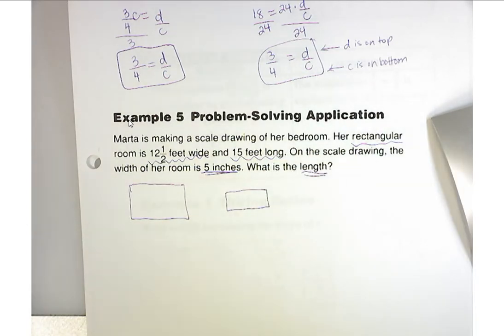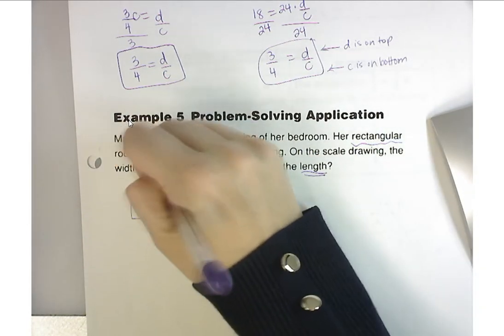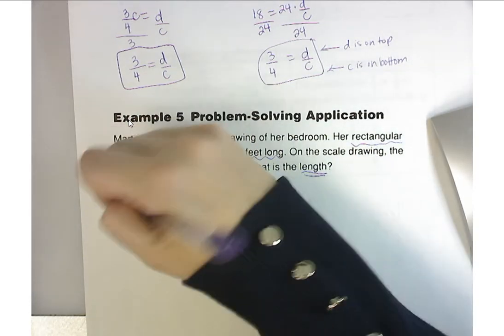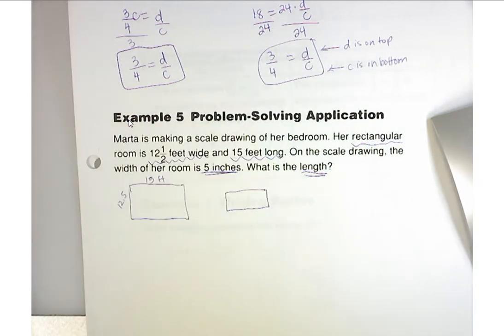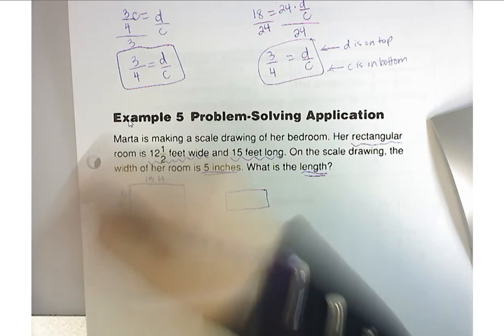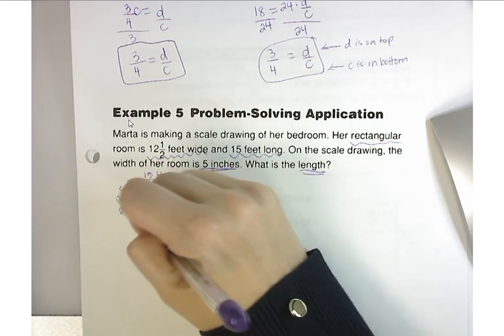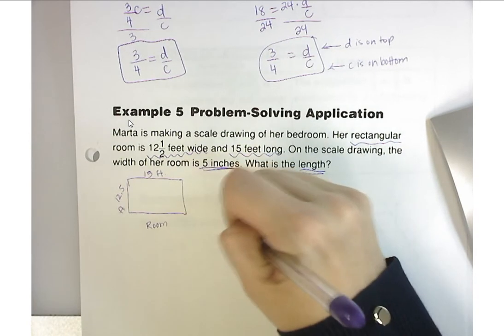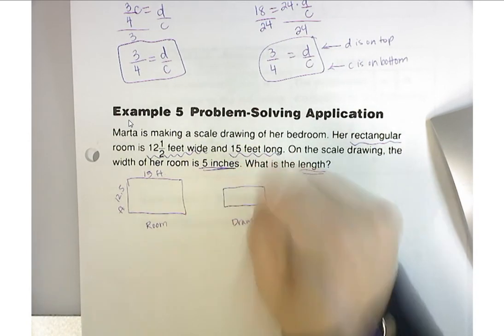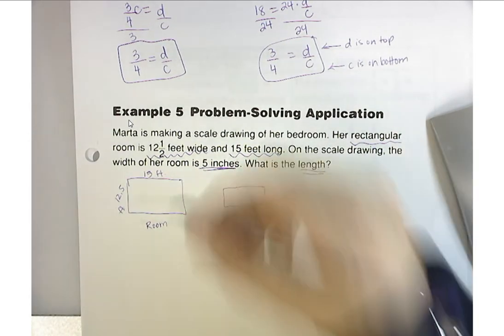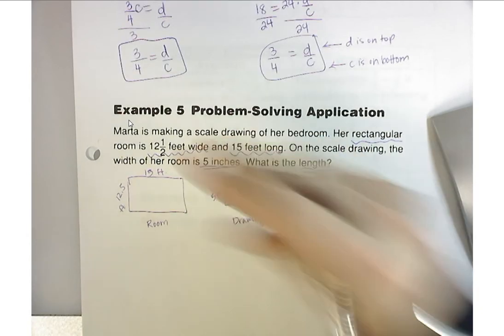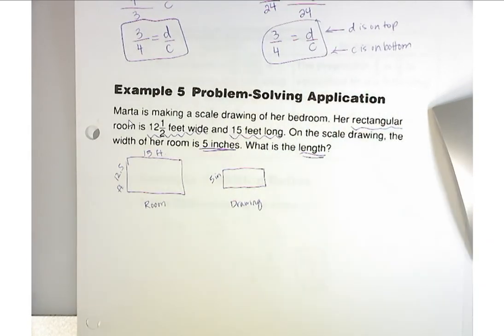So it's 15 feet long, so this is my longer side, and it's 12.5 feet wide. Okay, now for the drawing, and I labeled these. This is the room, this is the drawing. It says the width is going to be 5 inches. What we have to find is the length in inches.